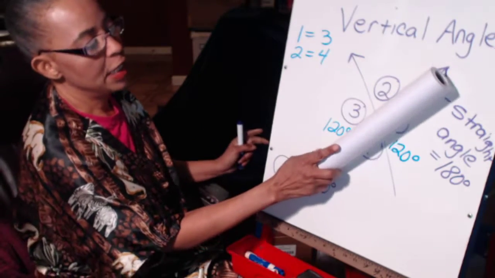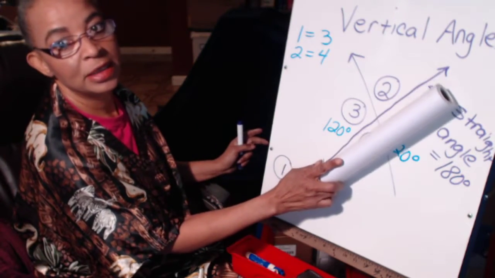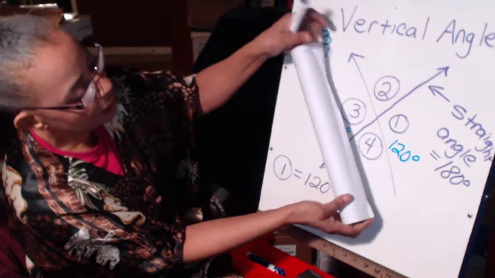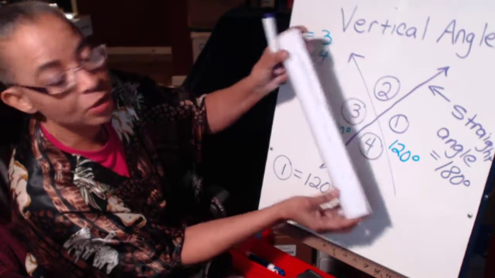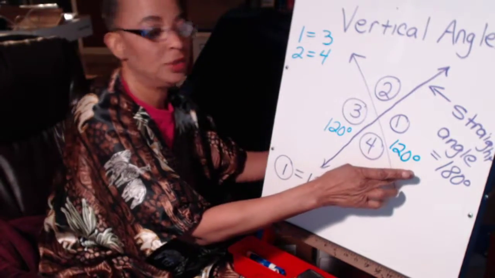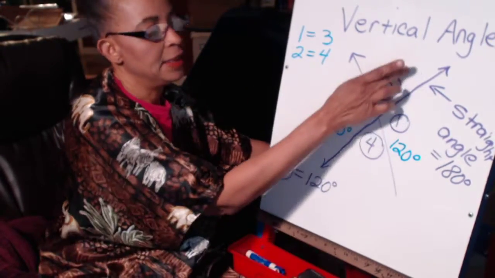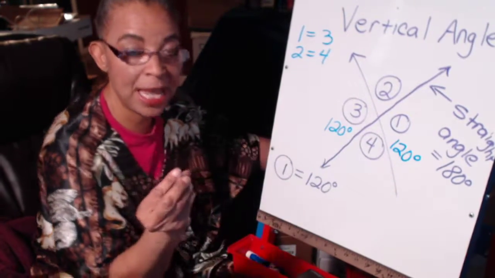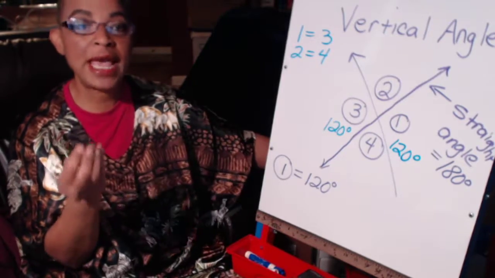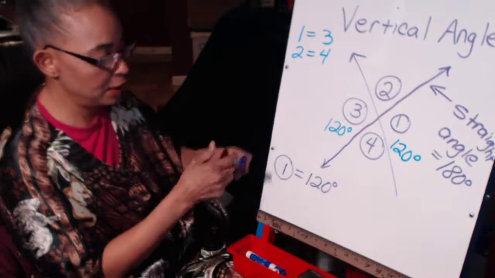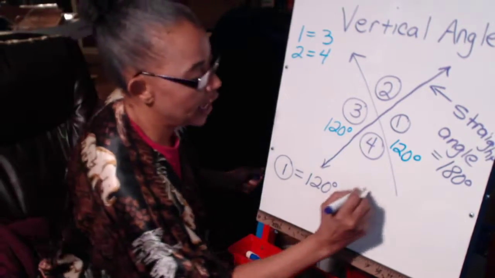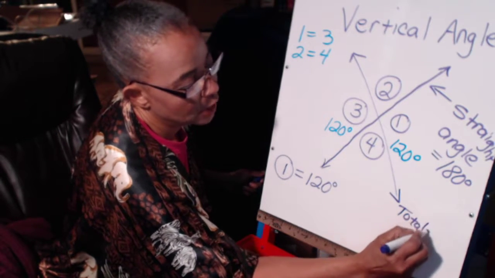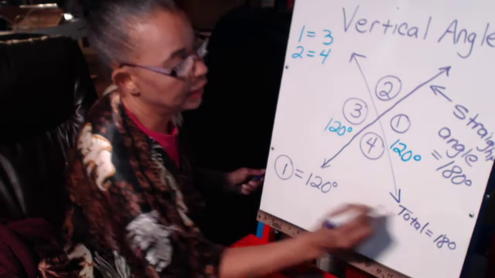If you just look at this, you agree that's a straight angle. Or if you look at it this way, that's a straight angle. Well, if this is 120 degrees, and this is supplemental to it, supplementary angles, 2 or more angles added together equals 180 degrees, then we know that the total for a straight angle is 180 degrees.